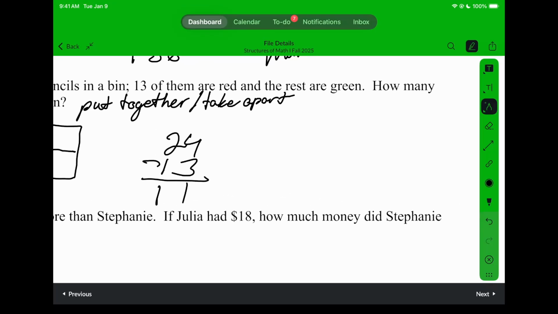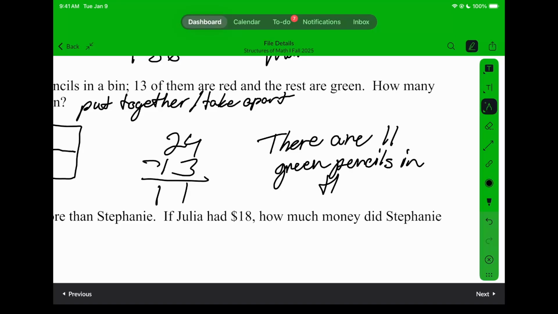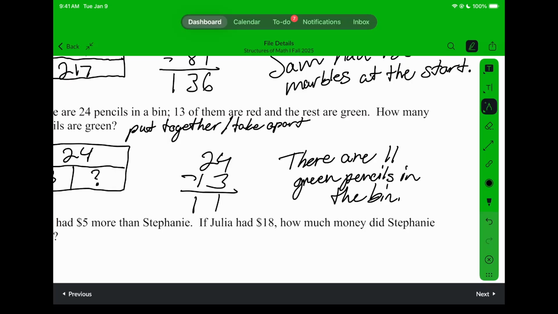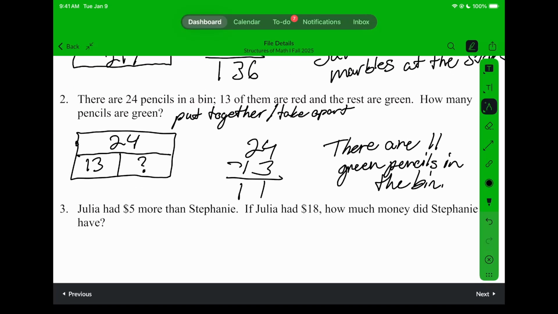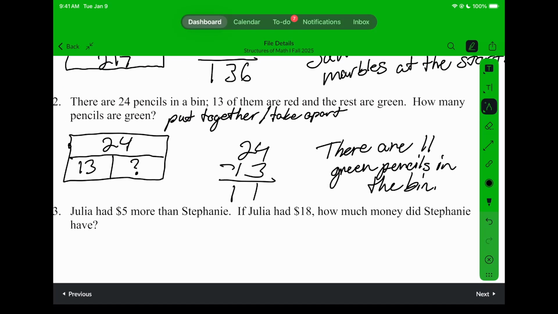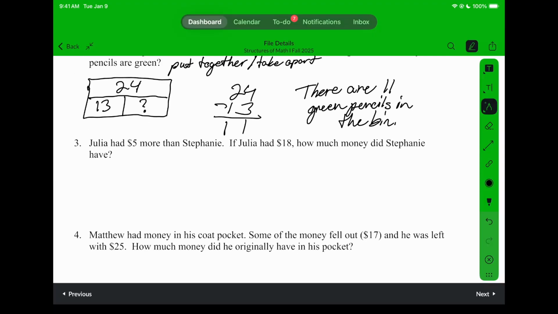And then do our sentence. There are 11 green pencils in the bin. And look at that, the sentence matches the context of the problem, and we can move on.